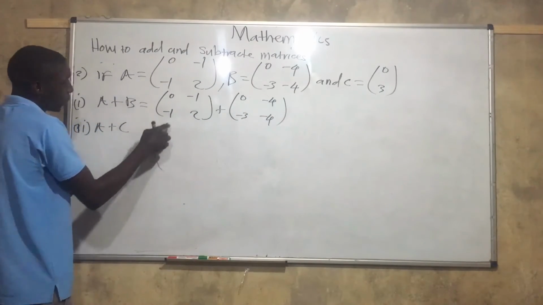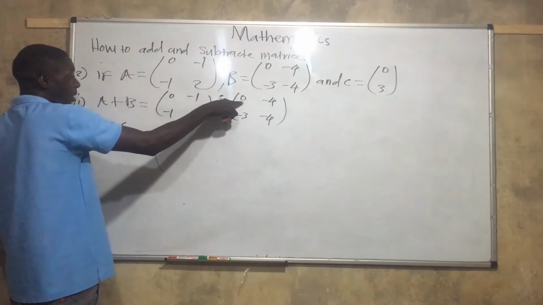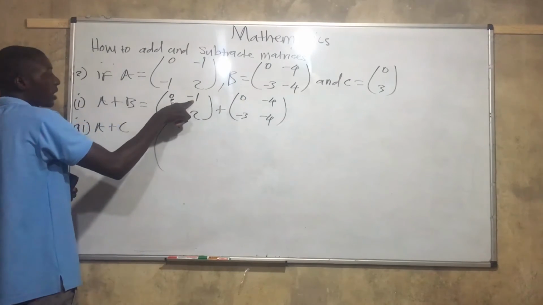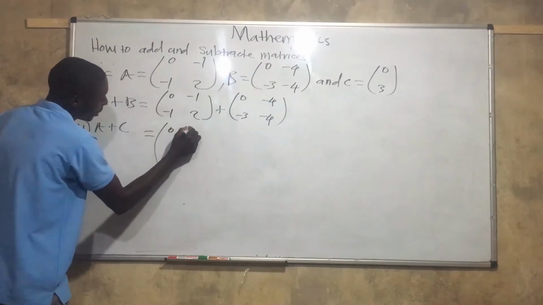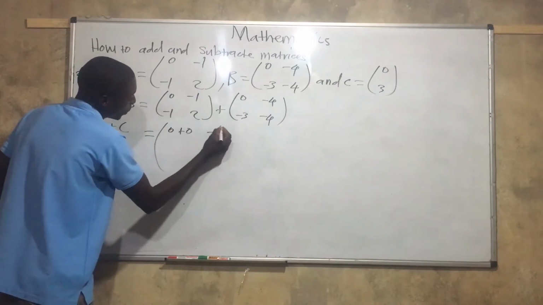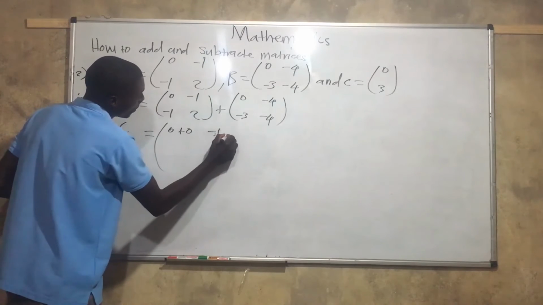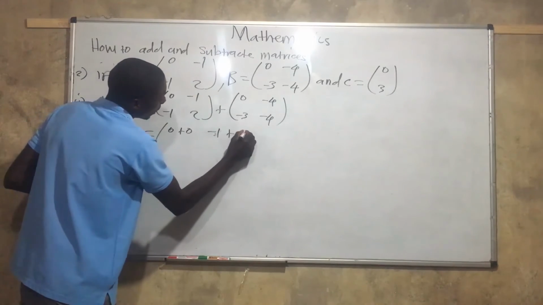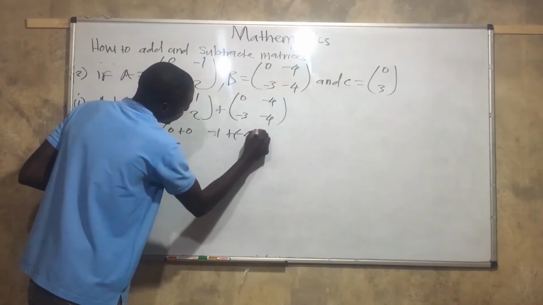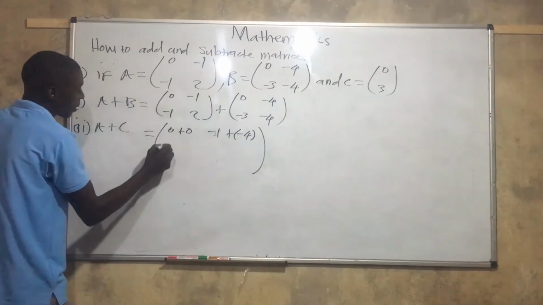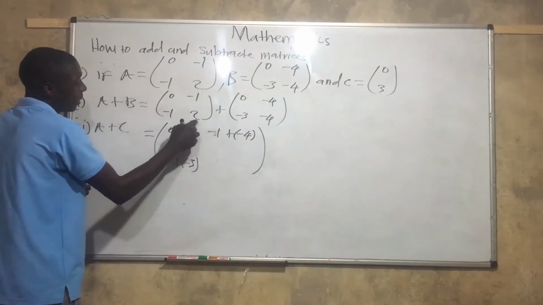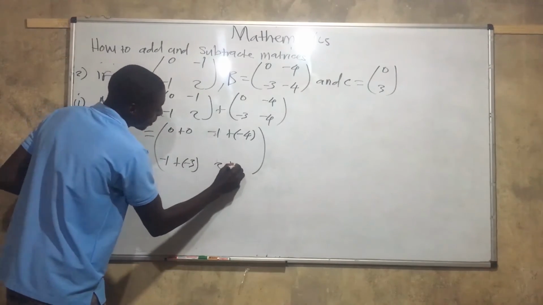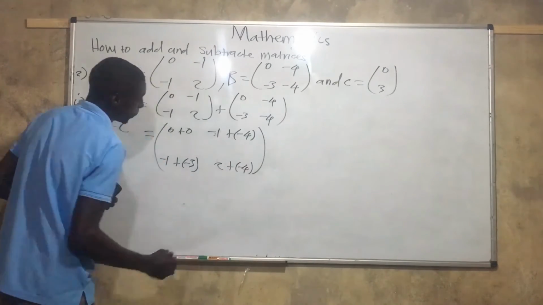When we add, it will be 0 plus 0, -1 plus -4. Then we cross, -1 plus -3, then 2 plus -4.